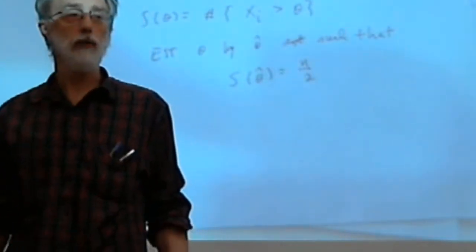In other words, we'll estimate theta by theta hat such that, when I stick theta hat in and look at the number of observations above theta hat, it comes out to n/2. So what's the answer? You have one equation, one unknown. You can't solve it like you would in algebra. It's not a linear equation.